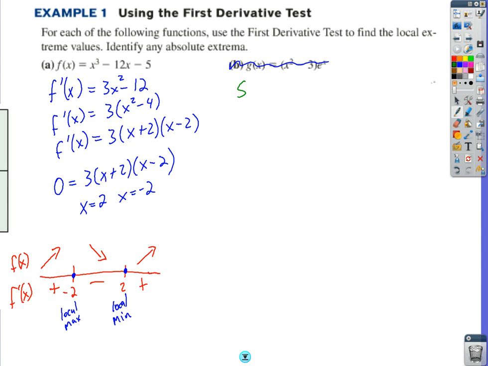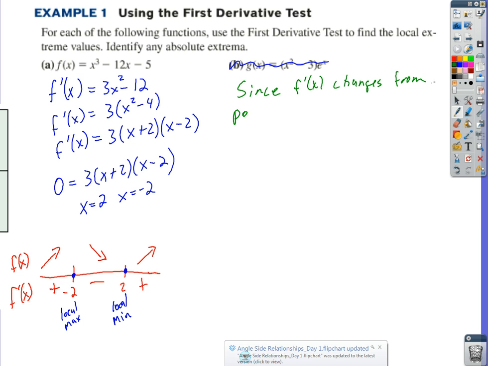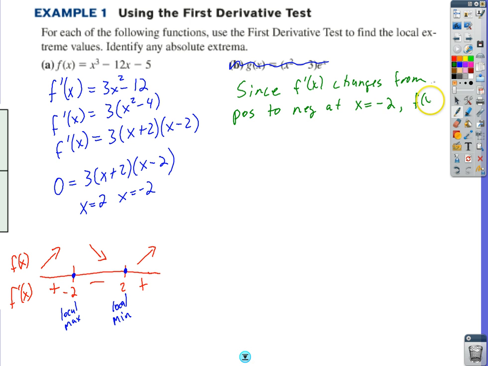You will say, since f prime of x changes from positive to negative at x equals -2, f of x has a local max at x equals -2.